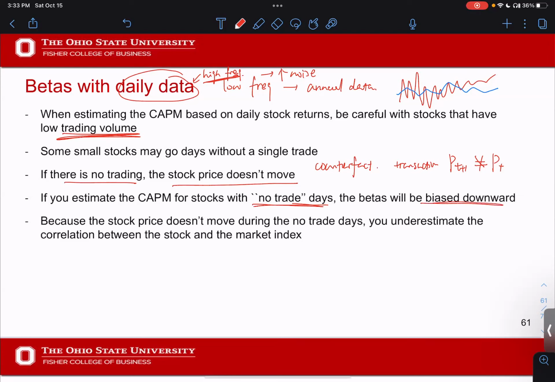Then your beta will be biased down, because there should be some co-movement or covariance, but in real data you don't observe it. So your beta will be biased because of those many constant 0 data points, and you might underestimate the correlation between the stock and the market index. The beta might be too low compared to the real beta that the stock has.